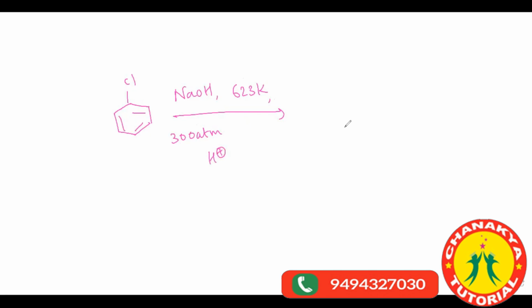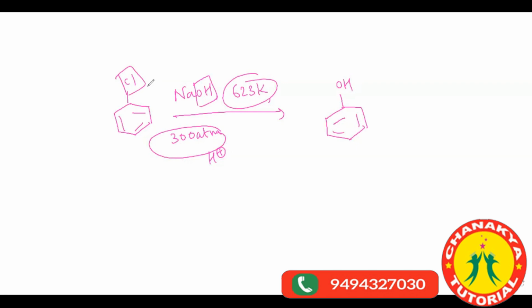What happens? You will get the OH. So you can see the conditions: 623 Kelvin temperature, 300 atmospheric pressure. So forcefully, you made this Cl be replaced by OH, and only then would this nucleophilic substitution happen in this case.